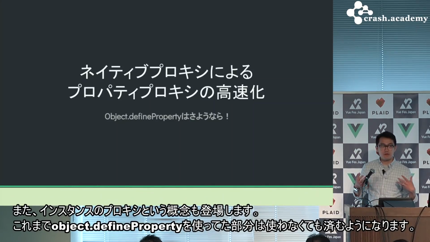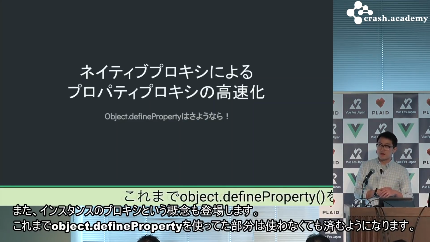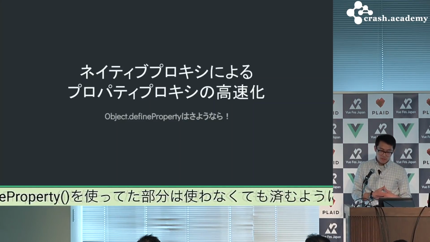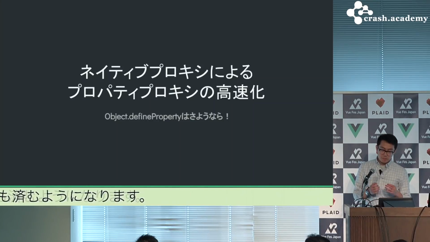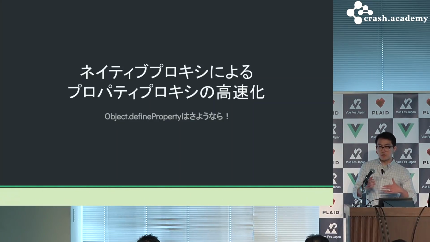So if you have an application with several thousand component instances, a huge application, this cost of repeatedly calling Object.defineProperty is going to take up a lot of time. In 3.0, we're using a proxy. So when your template renders, the context you're referring to is actually a proxy to the actual component instance.